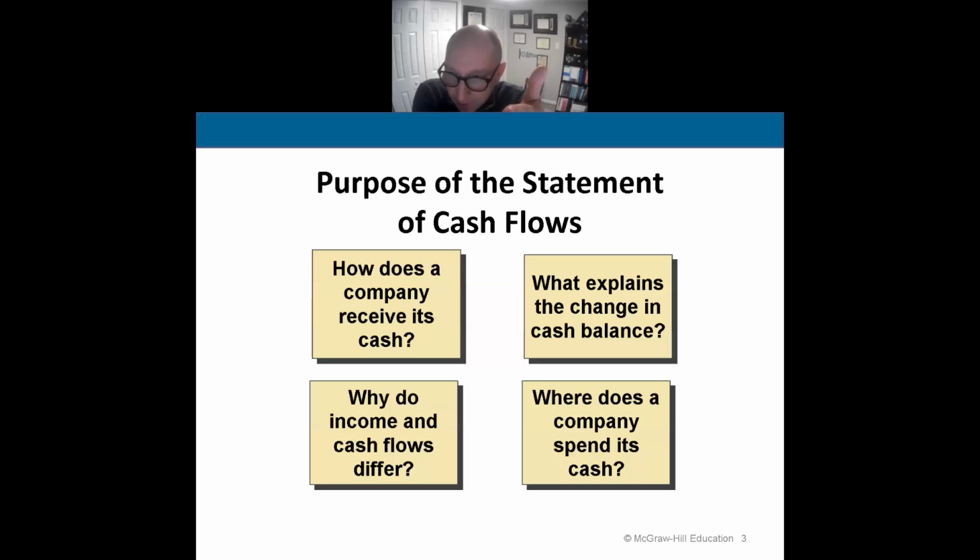I'm buying back stock. I'm repaying a loan. These are financing activities. So cash coming in, cash going out. And that's what the statement of cash flow shows us, right? Why is it happening? Where is it coming from? Shows us, explains the differences in cash.